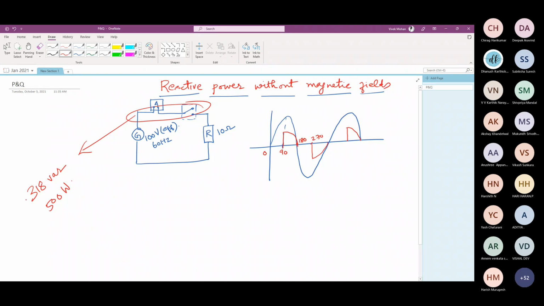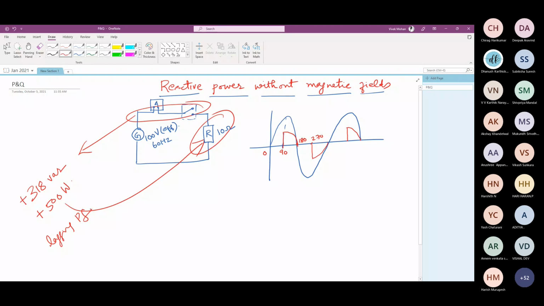We assign a negative sign by convention if it is a reactive power source. Here the current lags the voltage, so it is reading plus 318 var. Then this is plus 500 watts, right? This is resistive load associated with active power, right?